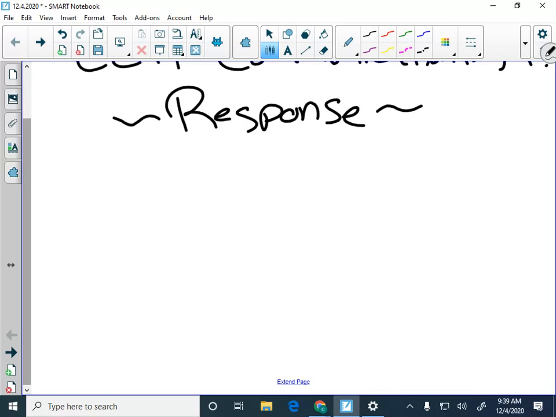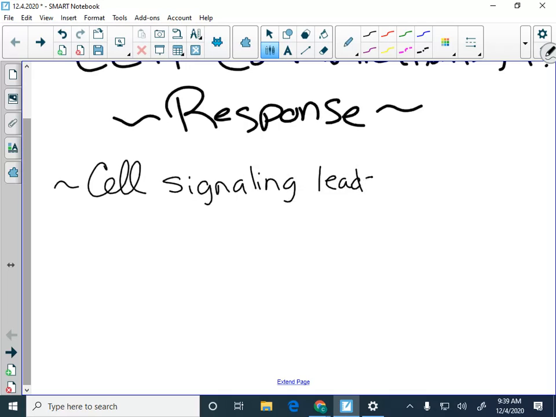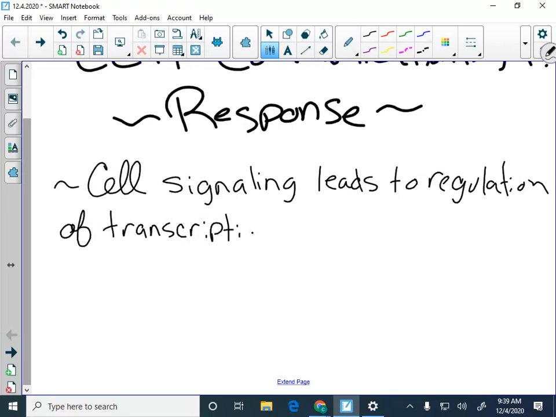Now, most of the time, cell signaling leads to regulation of transcription or cytoplasmic activity.